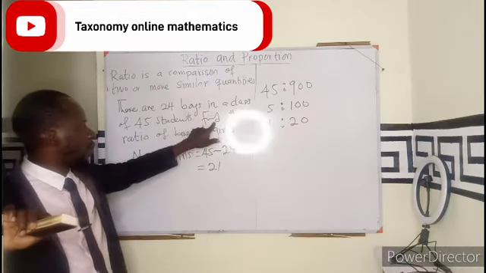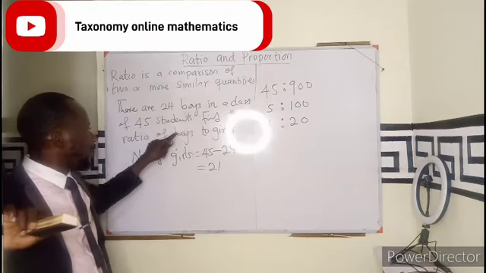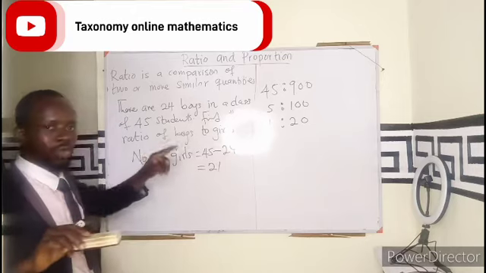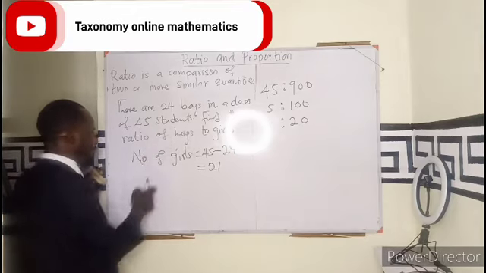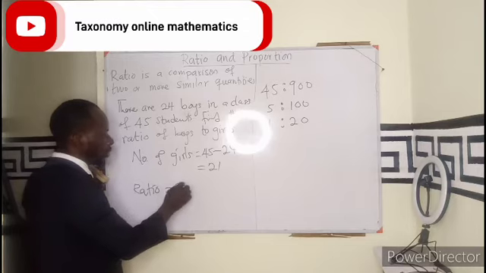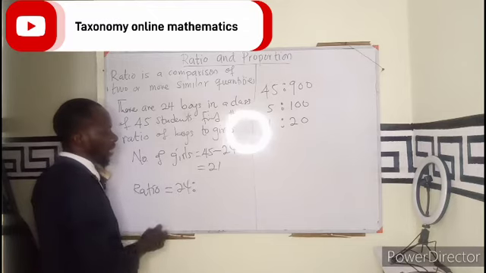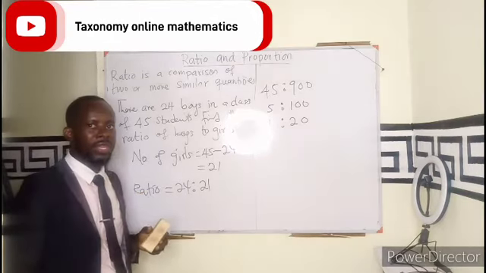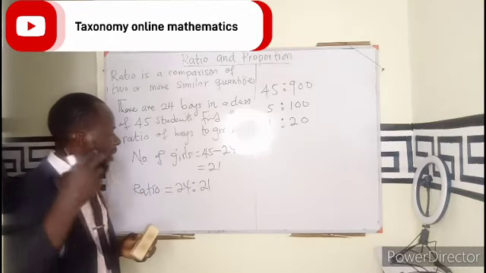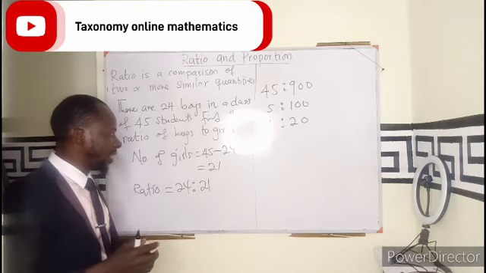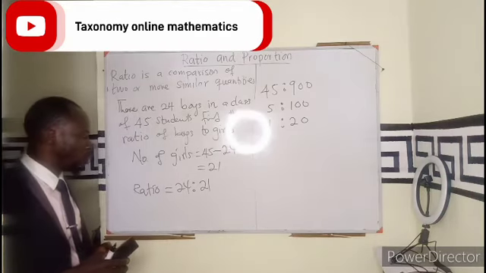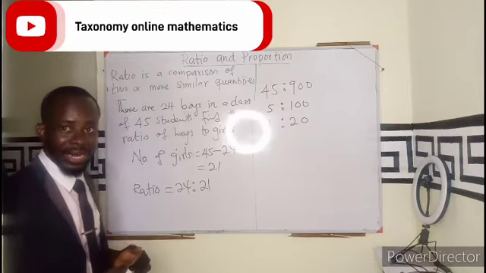Our question is to express boys as a ratio of what? Girls. Boys to girls. So our ratio is going to be boys 24 is to girls 21. So 24 boys is to 21 what? Girls. And I believe in this case there is a common factor that we can use here, and that will be 3.